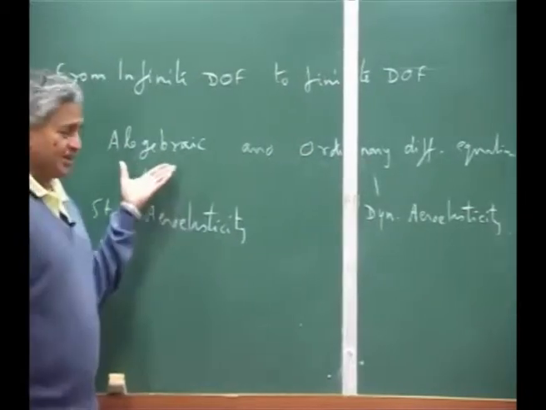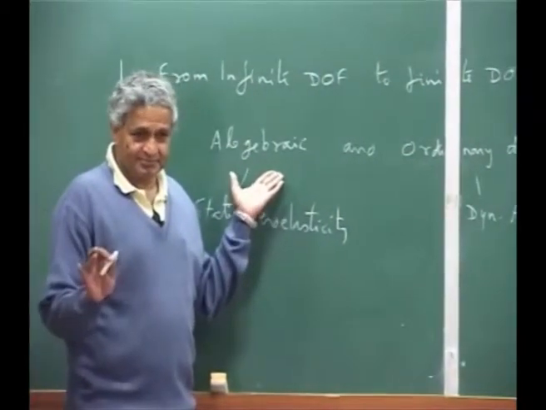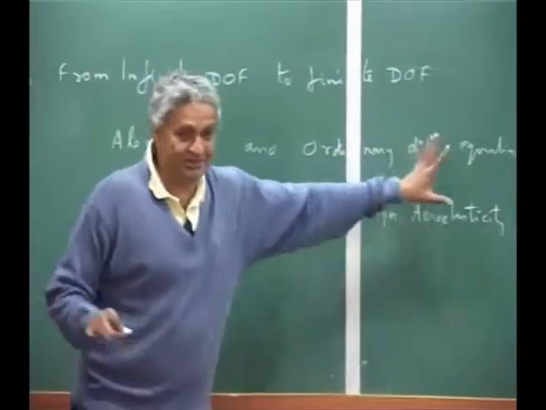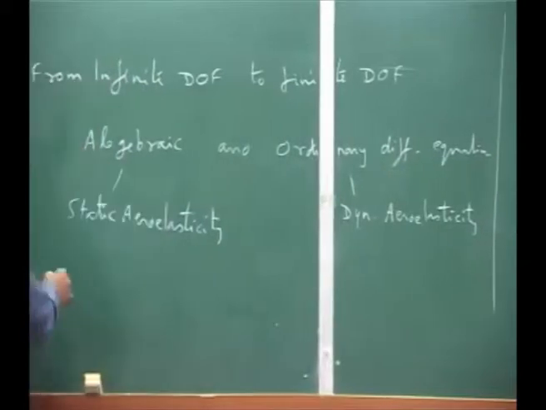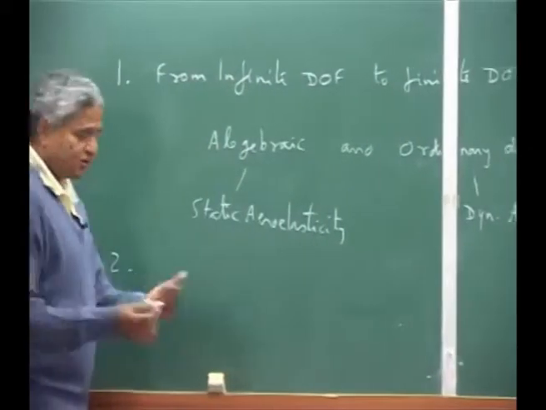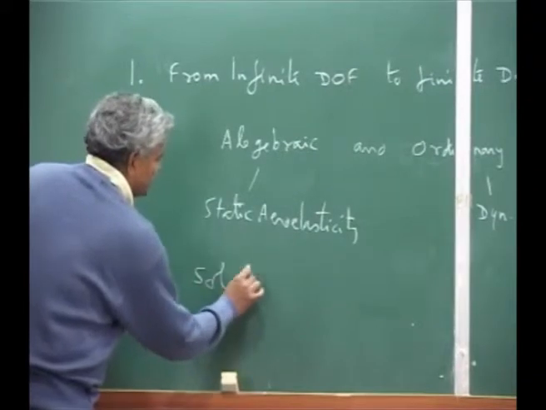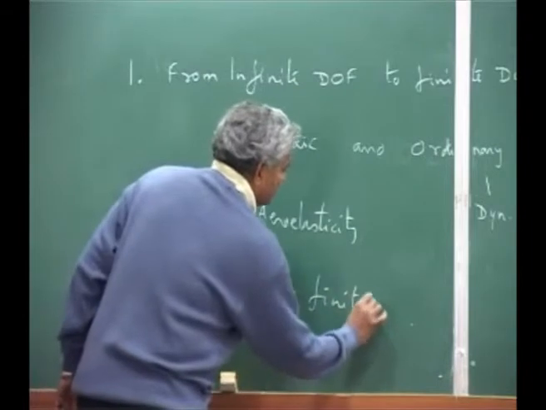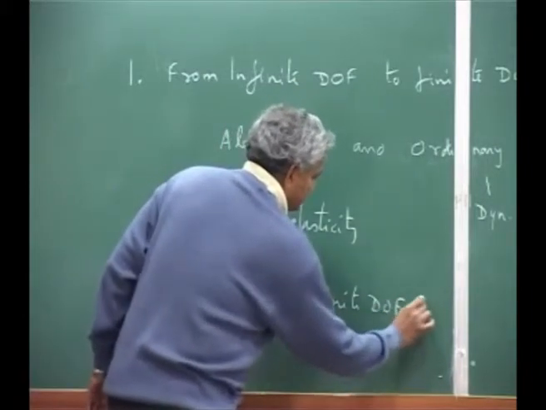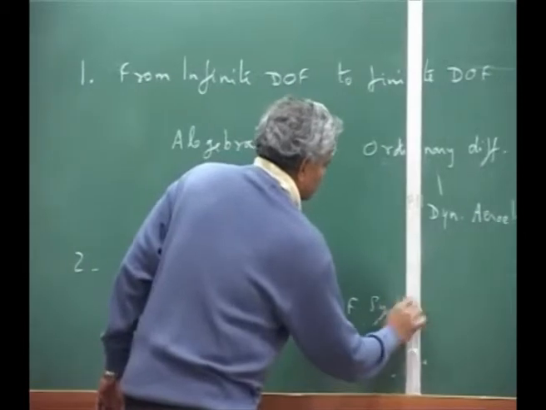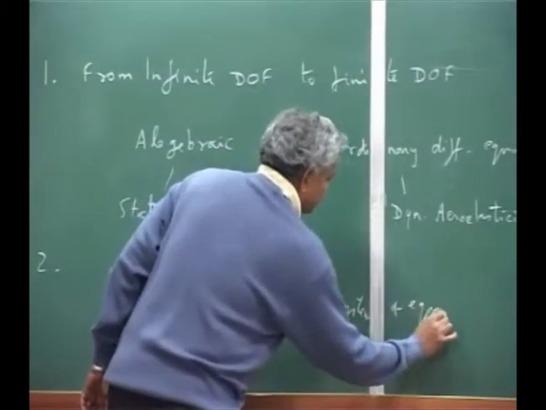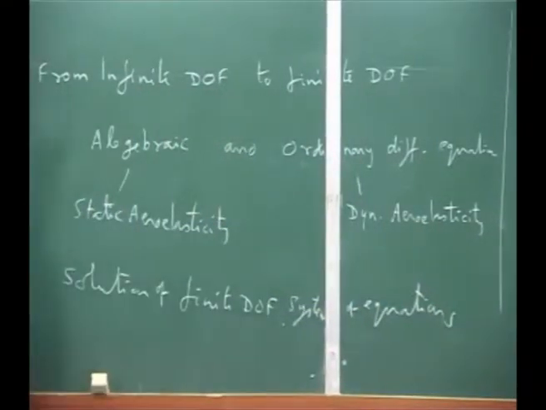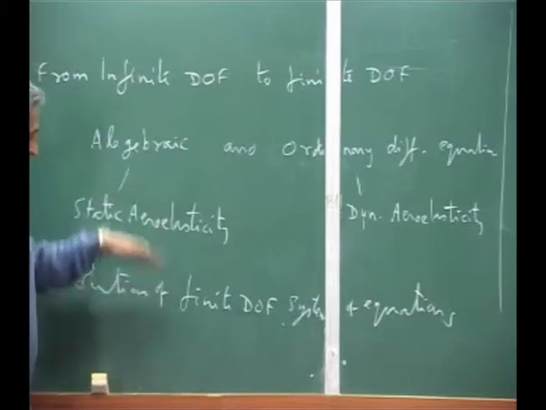You know how to solve algebraic equations, but they will all be coupled. You can say coupled algebraic equations or coupled ordinary differential equations. And then comes the second stage, the solution of this finite DOF system of equations. So I first reduce it, then I go and solve.